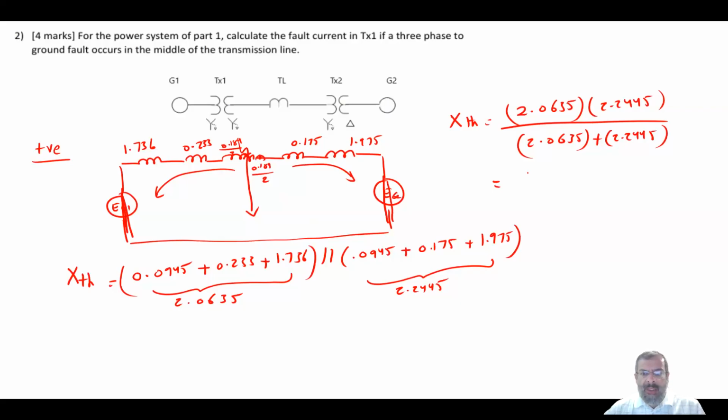This gives a total X Thevenin equal to 1.075 per unit. So this is the first thing: you find the X Thevenin between the fault point and the common ground of the whole power system.